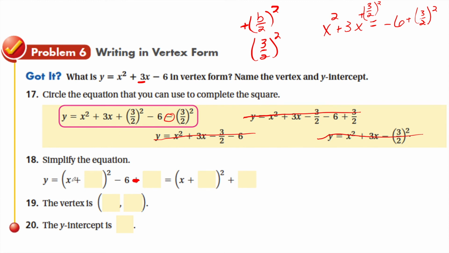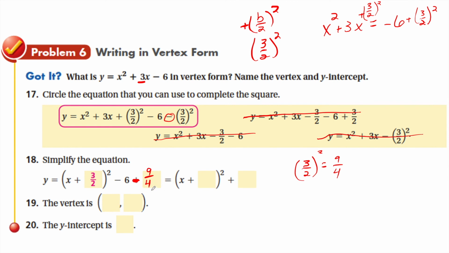We're going to keep inside the parentheses, so it becomes x plus 3/2 squared minus 6 minus, in this case, the 3/2 squared, and 3/2 squared is the same thing as 3 squared, which is 9, divided by 2 squared, which happens to be 4.